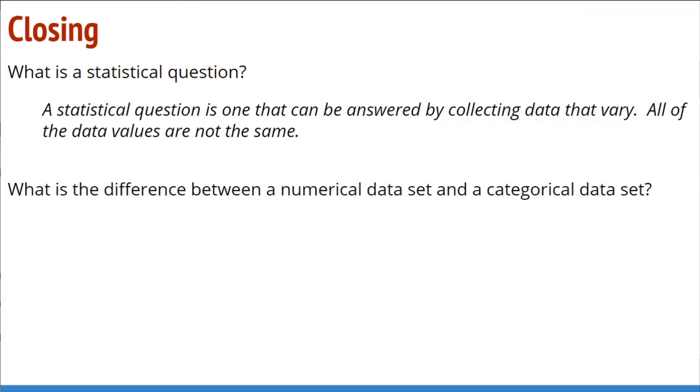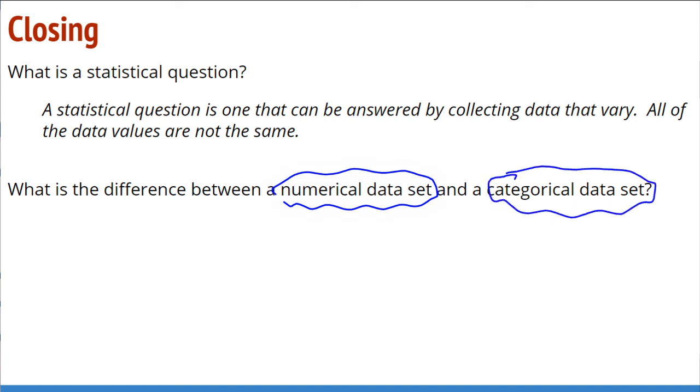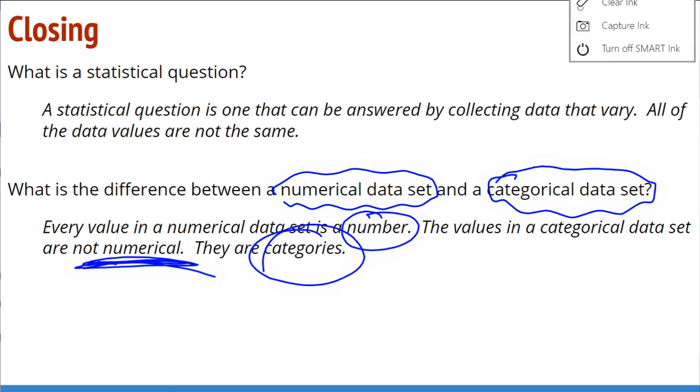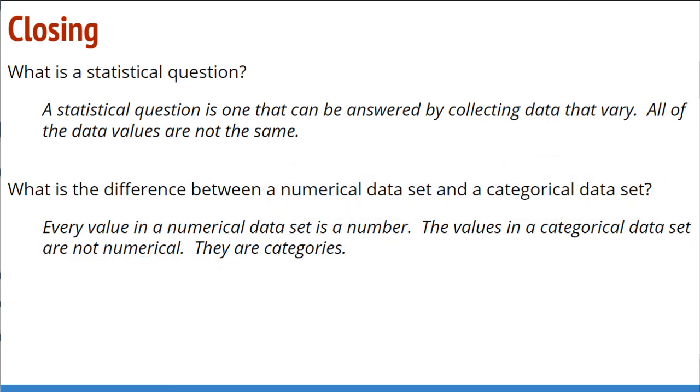What is the difference between a numerical data set and a categorical data set? Numerical data sets are numbers. Categorical data sets are more like labels that we would put on. Every value in a numerical data set is a number. The values in a categorical data set are not numerical. They're not numbers. They are categories, labels that describe what is in the group.